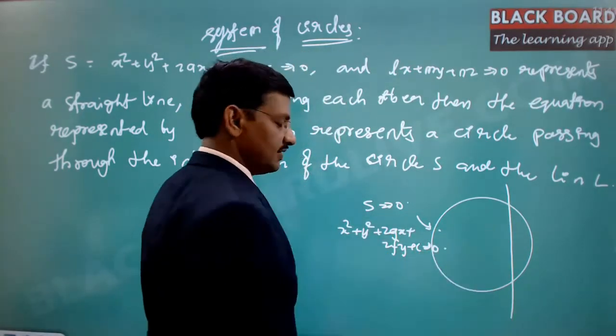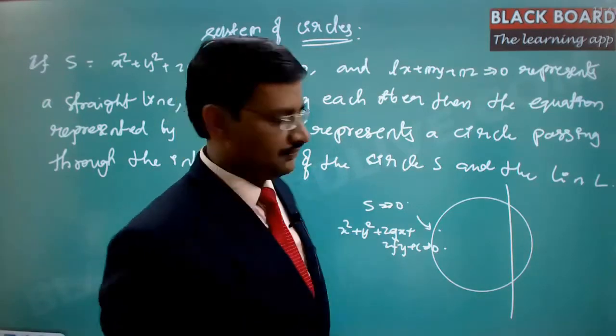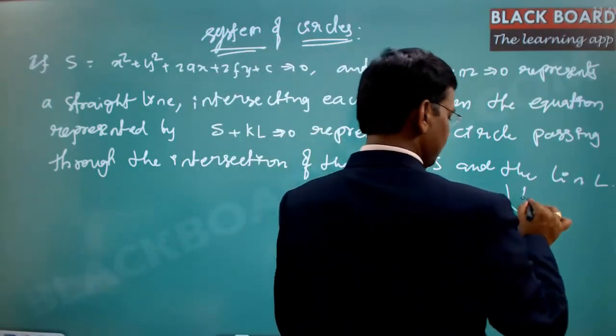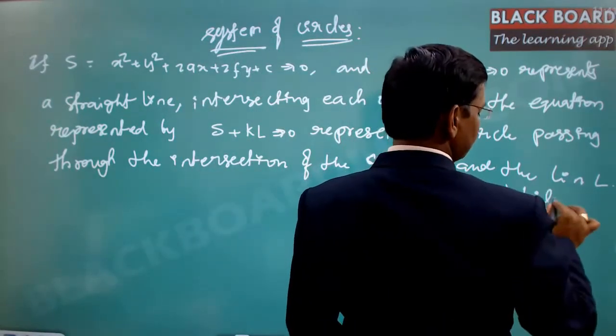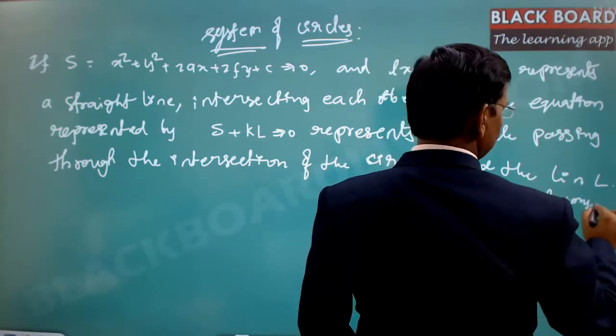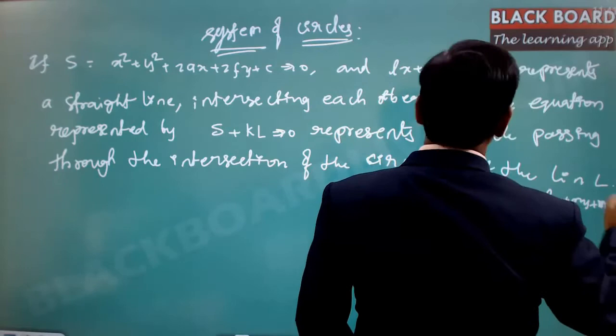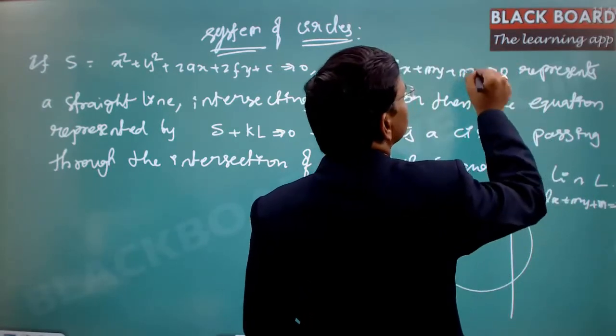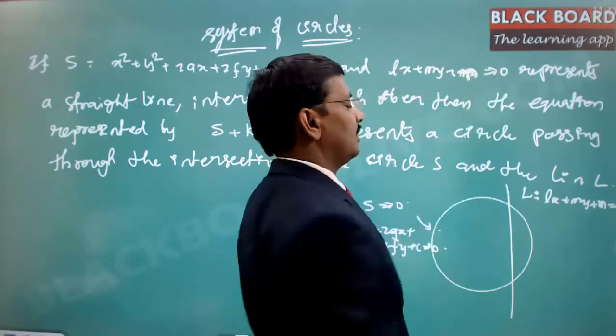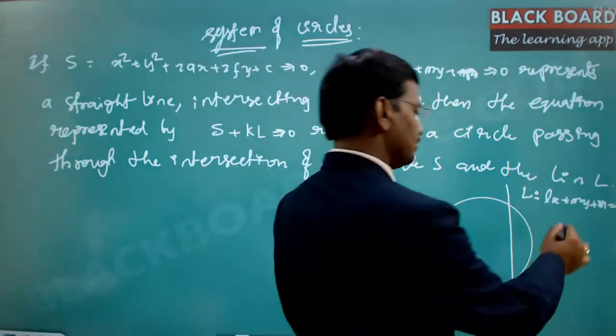This represents the equation of the circle, and the equation of this straight line L is given by Lx plus my plus n equal to 0.